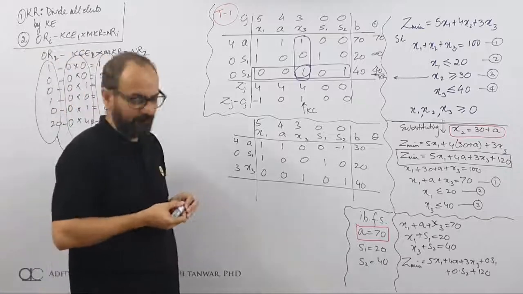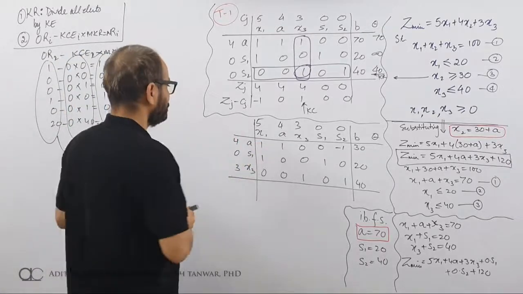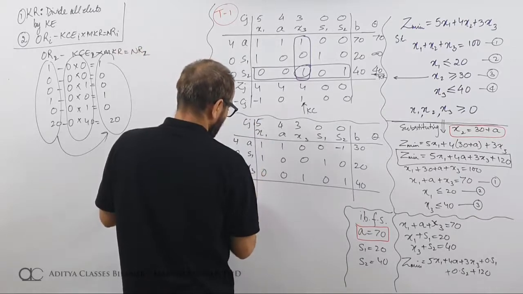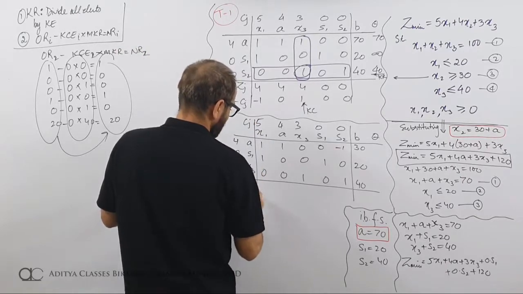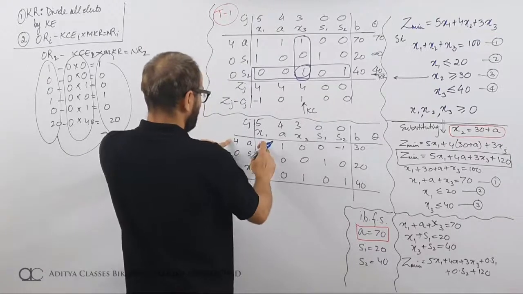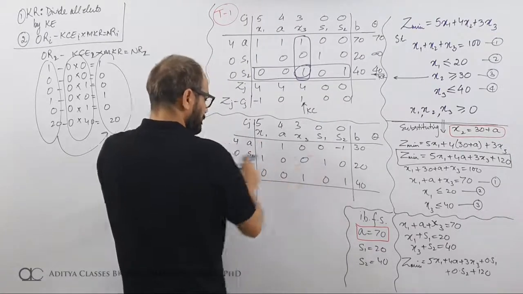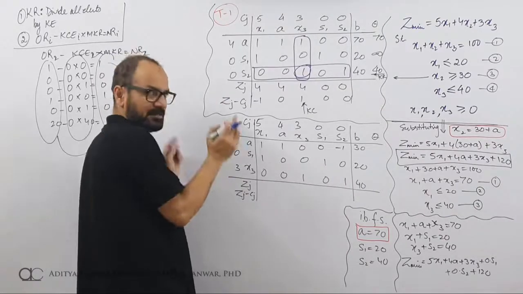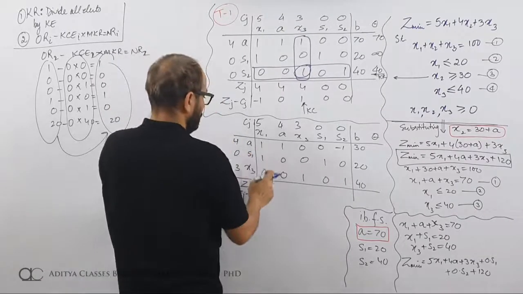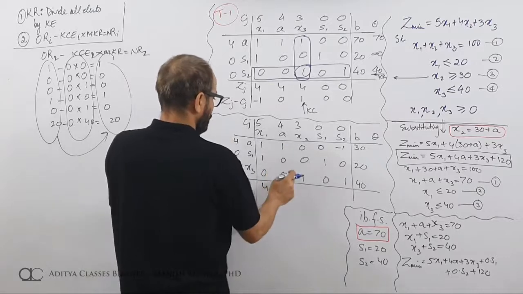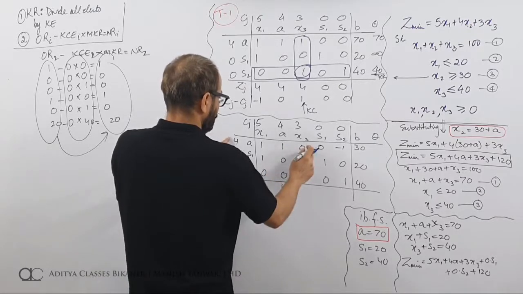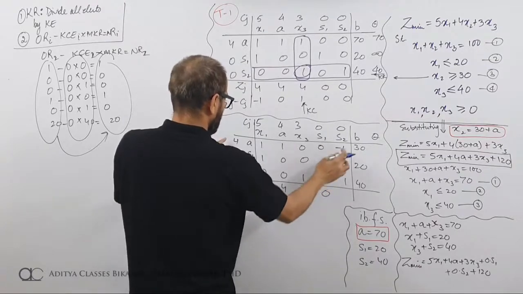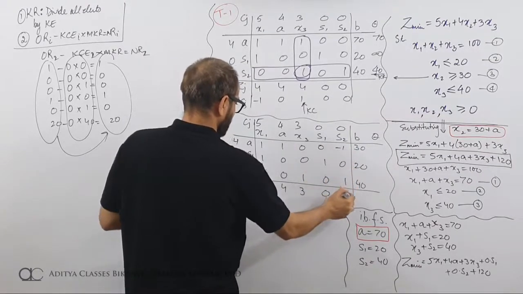In any case, we have determined it. Let us find out our Zj and then Zj minus Cj. Zj would be 4 multiplied by 1. All the others will be multiplied by 0, so they will be irrelevant. First row and third row will be participating in total. 4 plus 0, 4 plus 0, 0 plus 3, 0 plus 0, minus 4 plus 3, minus 1.